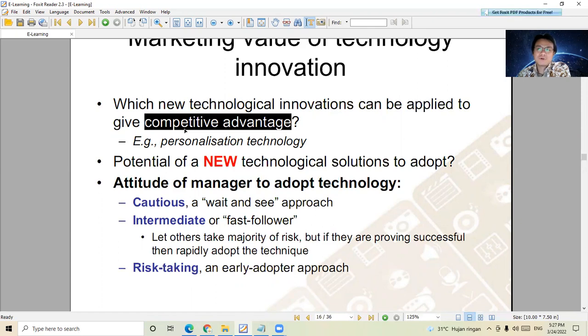That's why it is important to evaluate the value of a technology and relate it to our strategy, whether it can bring competitive advantage or any increase in our company's performance. If not, maybe it's not the right time to adopt that technology.